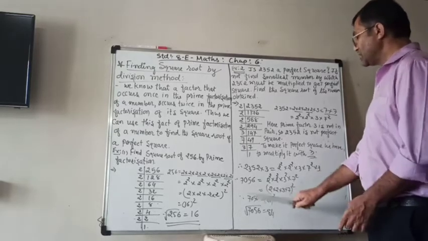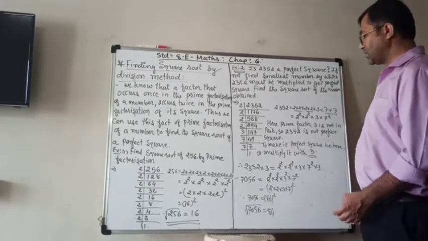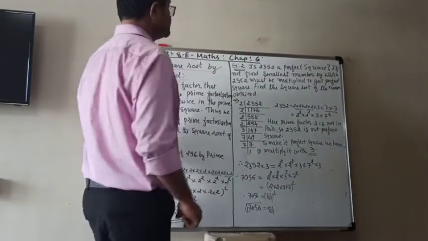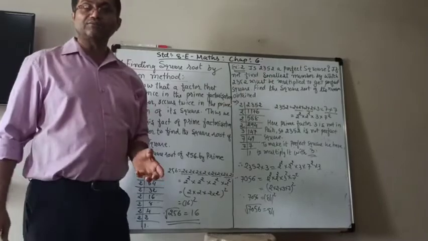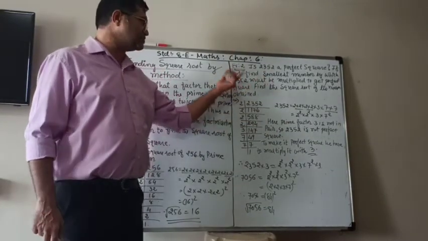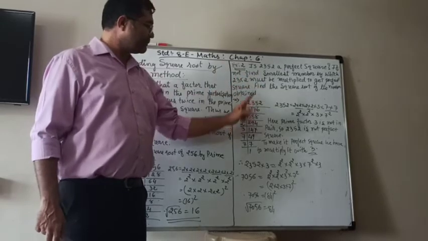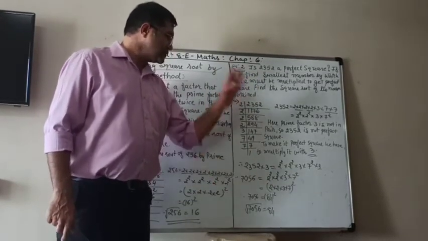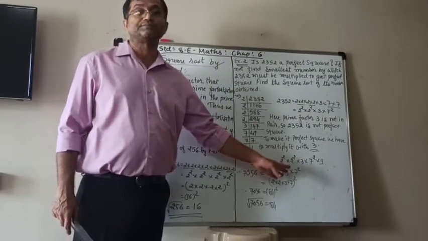It means that the square root of 7056 is equal to 84. So by this method, whether it is multiplied or divided, if it is divided you divide by 3, otherwise you multiply, and then with that number obtained, we again find the square root.